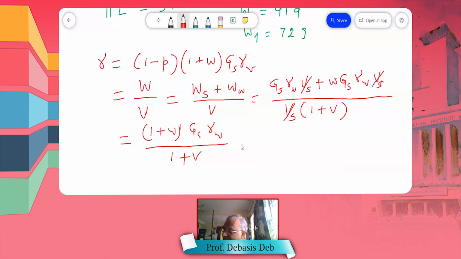So 1 plus e is nothing but 1 over 1 minus n, so on the top we get 1 minus n. And this is 1 plus w, GS gamma W. So this is the proof.